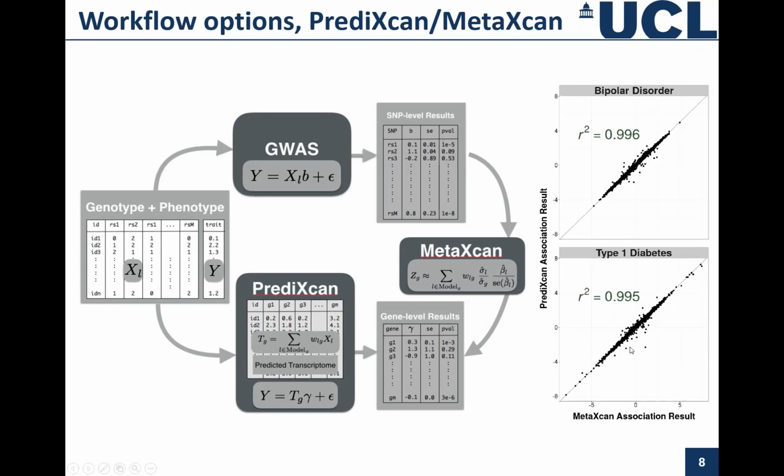With perfect correlation, as I said, and with a few outliers explained by differences in the LD calculation, which has to be done for the SNPs, which for PrediXcan is based on the individual level data set, and for MetaXcan is based on a reference data set like the 1000 Genomes data set.